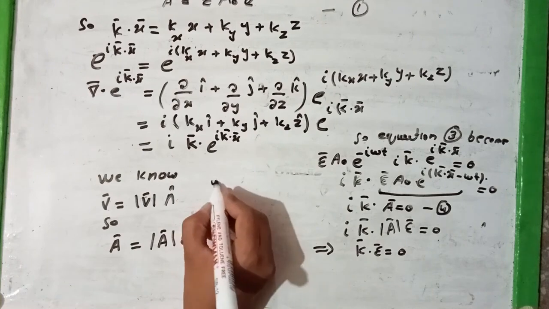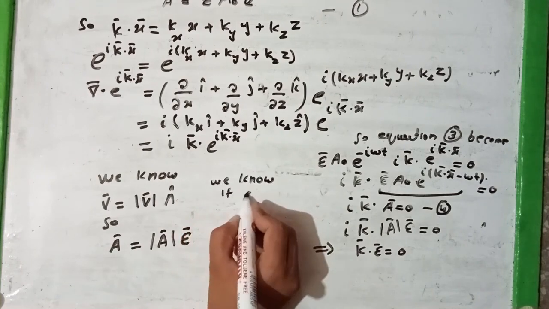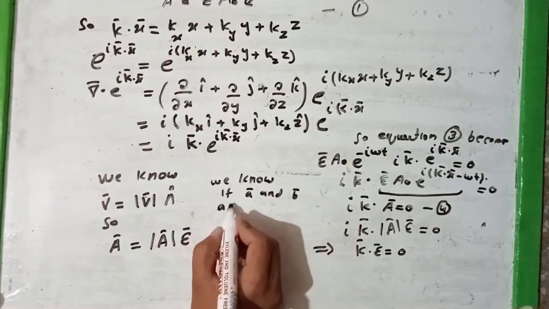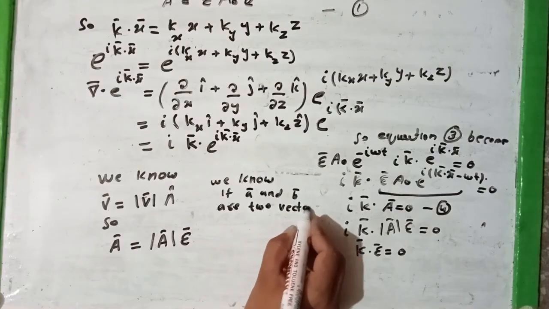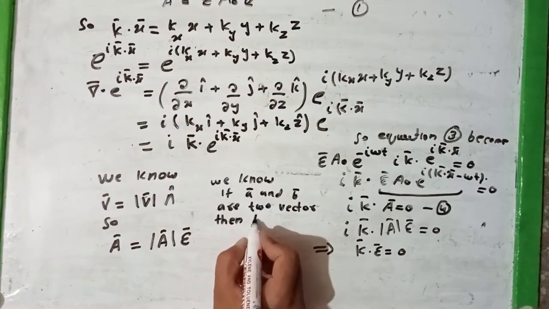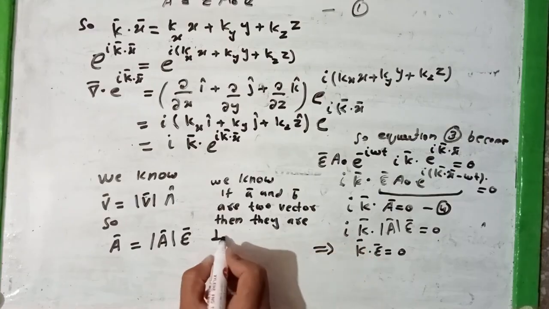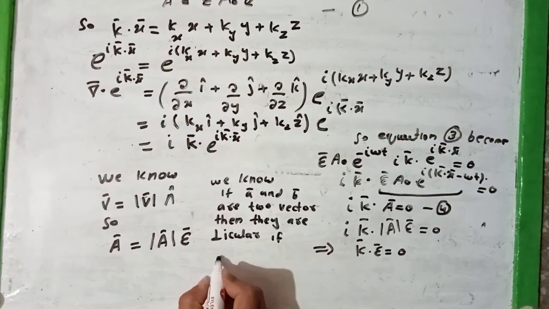And we also know if A and B are two vectors, then both are perpendicular if the dot product of A and B is equal to 0.